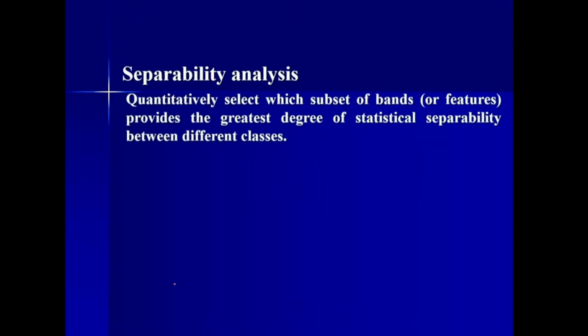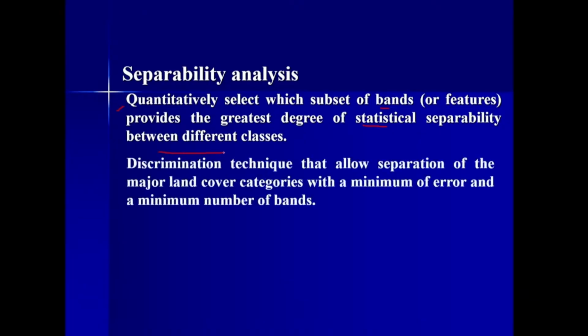Now coming to separability analysis, it is basically to quantitatively select which subset of bands. If you have 10 bands, out of 10 you may have, suppose, 6 bands, and that means out of 10, 6 bands are enough to map the given number of classes from the image. So here quantitatively we can select which subset of bands provides the greatest degree of statistical separability between different classes.